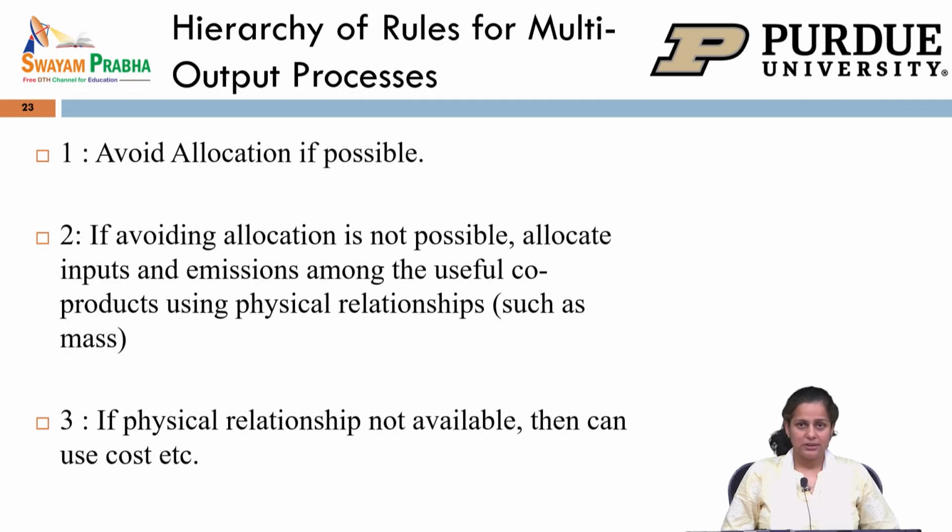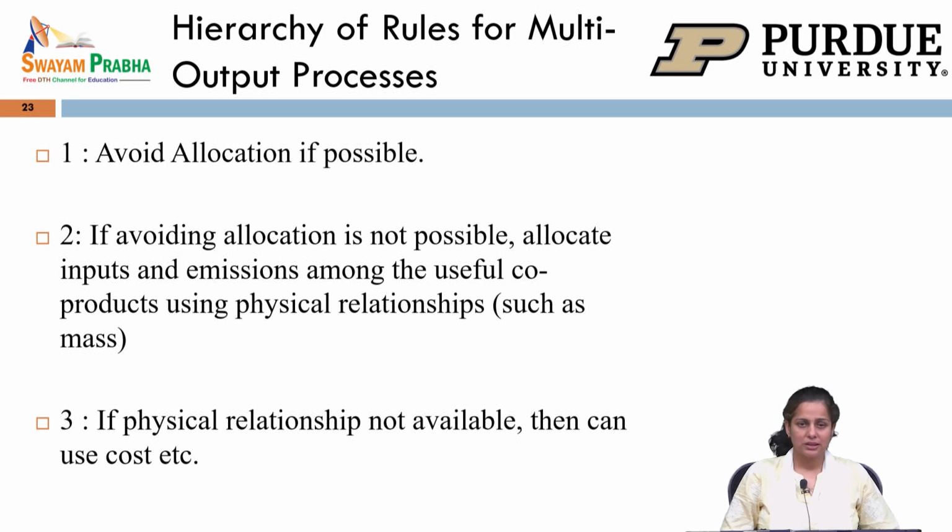The second one is if we cannot avoid allocation, then we allocate inputs and emissions among the useful co-products using physical relationships such as mass. In this case, we can think of system expansion, where if we know that there is a process that can make the product B, then we allocate based on that physical relationship, and we will see an example of this as well.